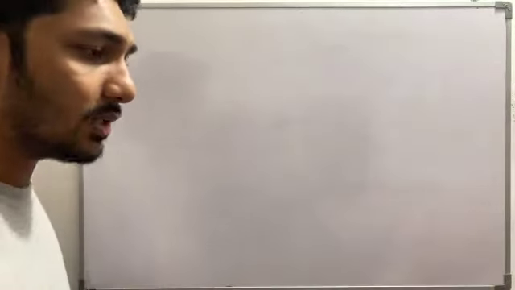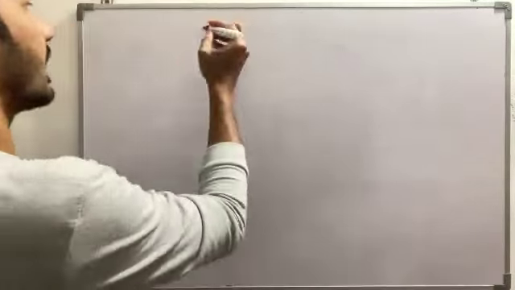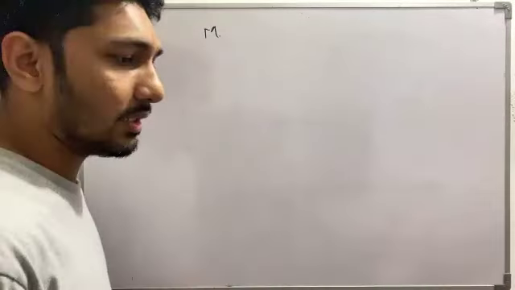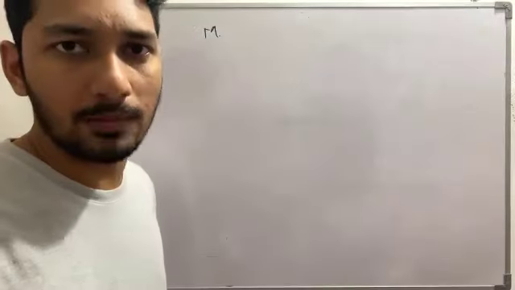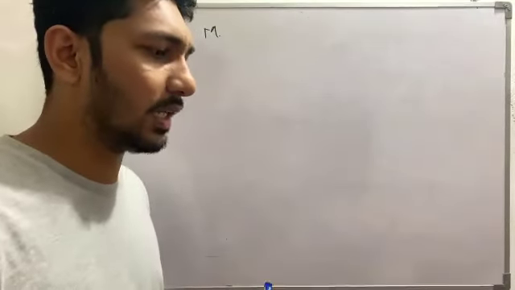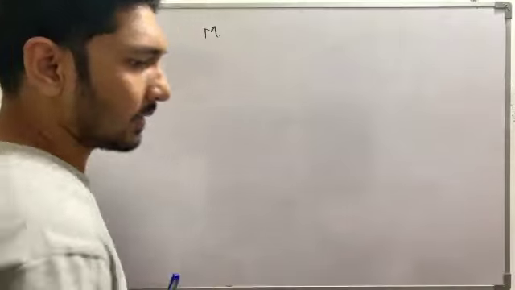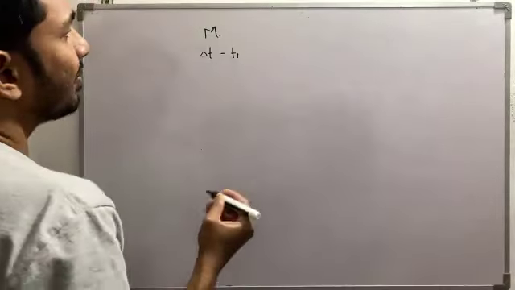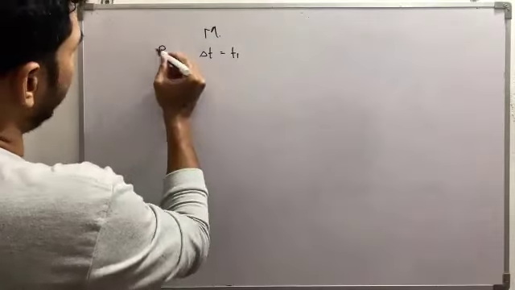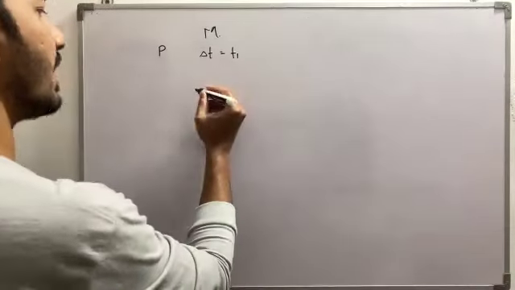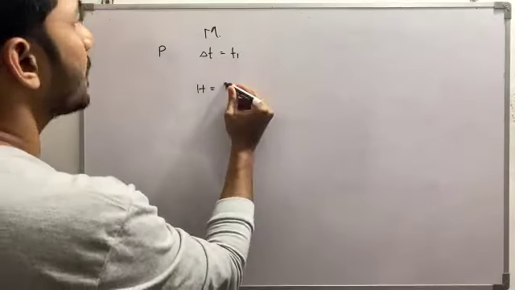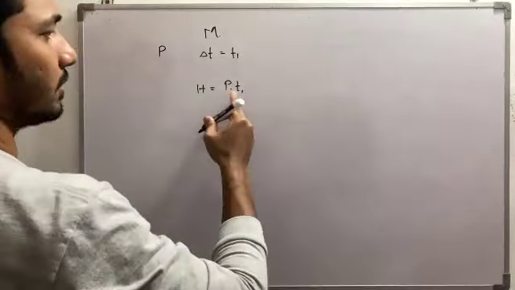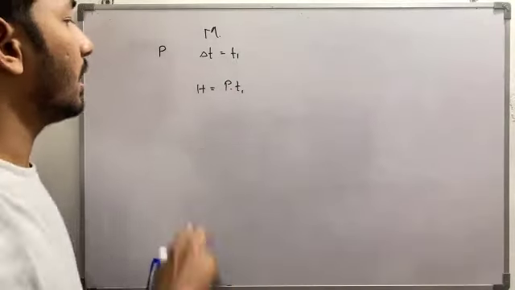Okay, so here you can see the capital M is heated. So now you are using the heater for time T1, aren't you? So the time duration of use is T1. Let's say the power of the heater is P. So now the heat you are giving is P multiplied by T1. Okay, so this will give you the heat.